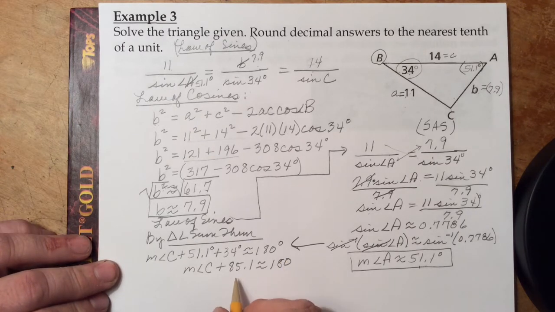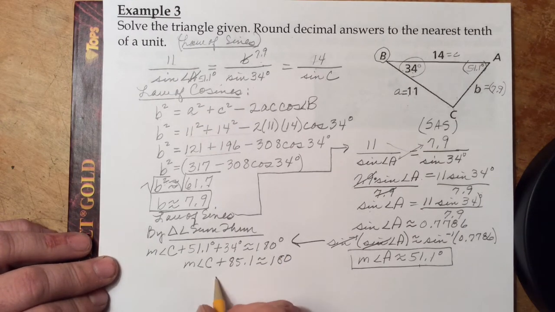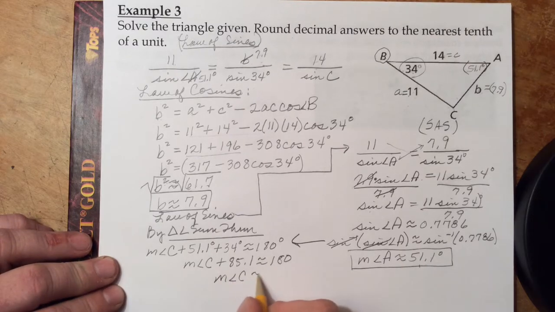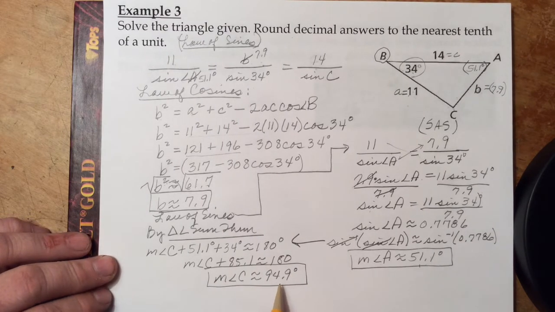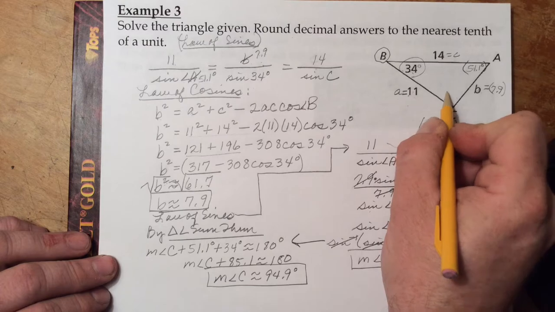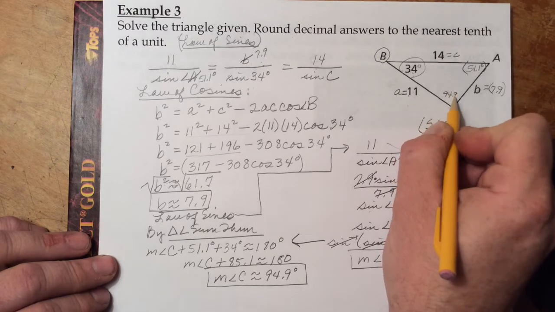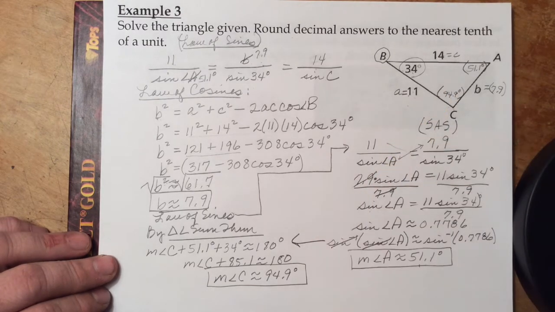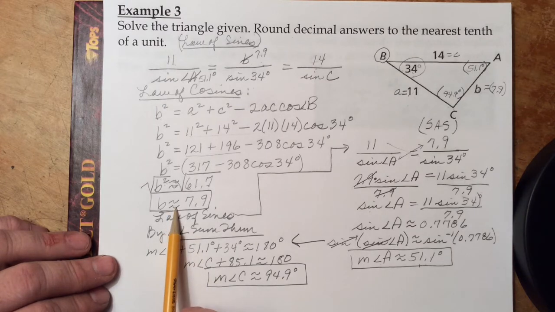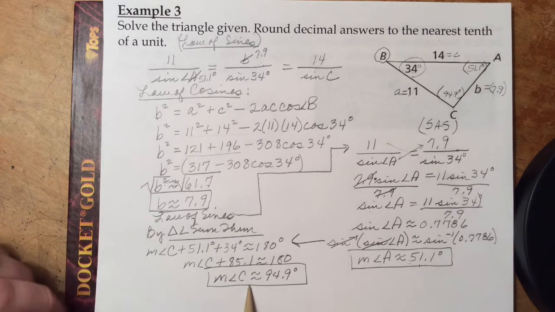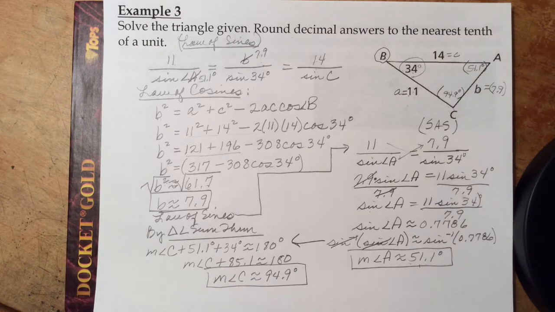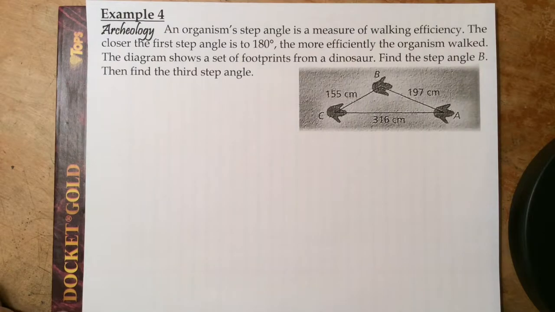Then we subtract 85.1 degrees from both sides, and the measure of angle C is about 94.9 degrees, a little bit more than a right angle. There's our third answer in solving this triangle. So right over here I write 94.9 degrees. So B is 7.9, the measure of angle A is 51.1 degrees, and the measure of angle C is about 94.9 degrees. We've solved the obtuse triangle.